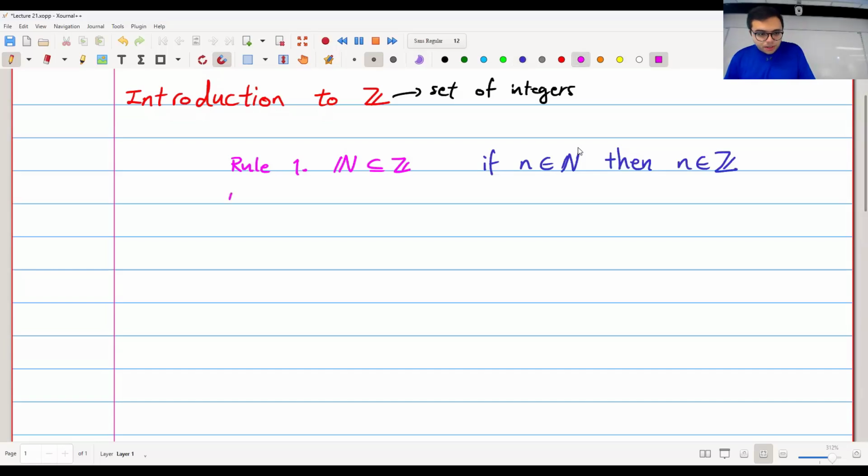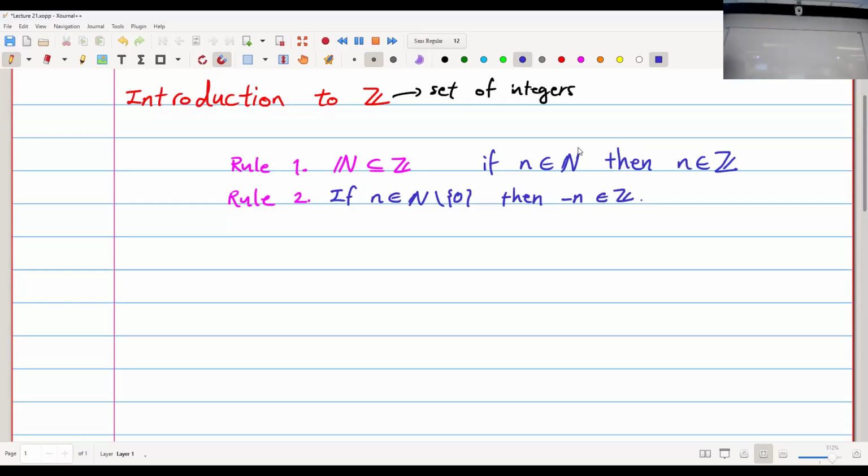Now, my second rule is the rule that I'm going to use in order to create negative numbers. I'm going to say, if I have some number N, which is a natural number, but is not 0, then there is another number, which I call minus N, which is going to be in Z. Okay, so these are my two rules.